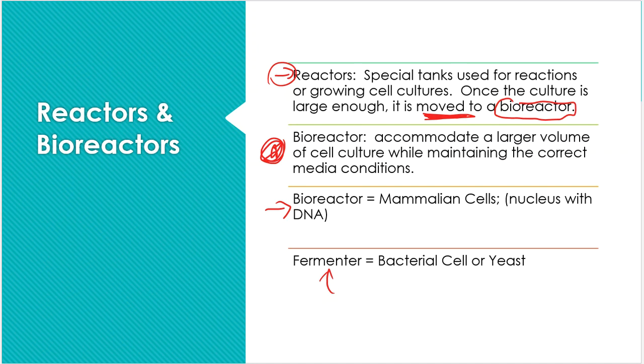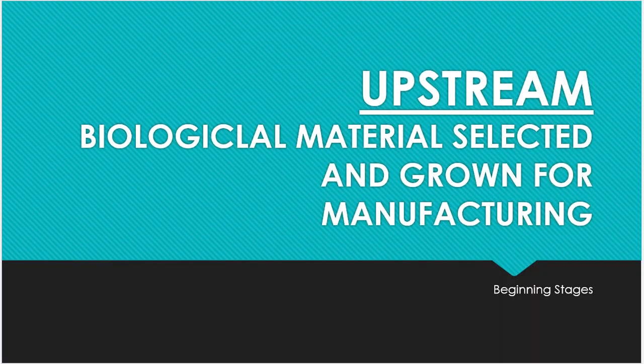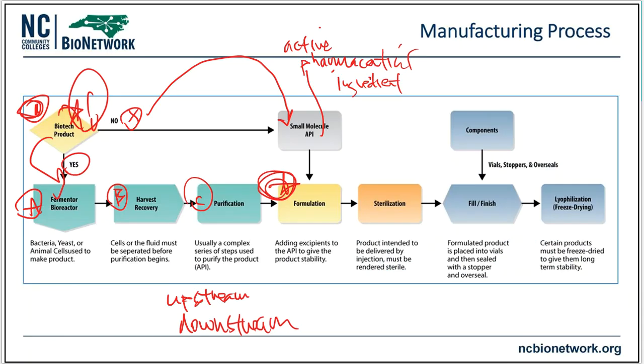All right. So this is what we call the upstream portion of bioprocessing work. It's biological material that you are selecting, that you are using, and that you are growing eventually for the manufacturing line. So what this means is that the fermenter or bioreactor step right here in the very front is for sure going to be part of the upstream process.